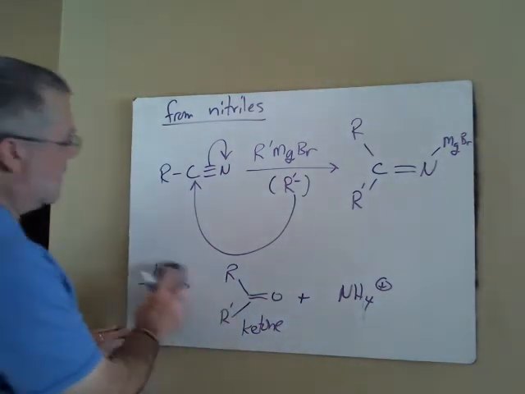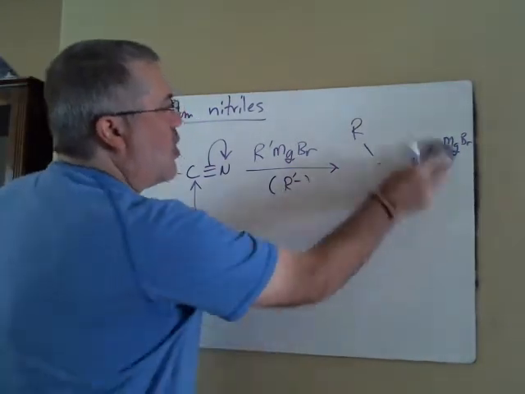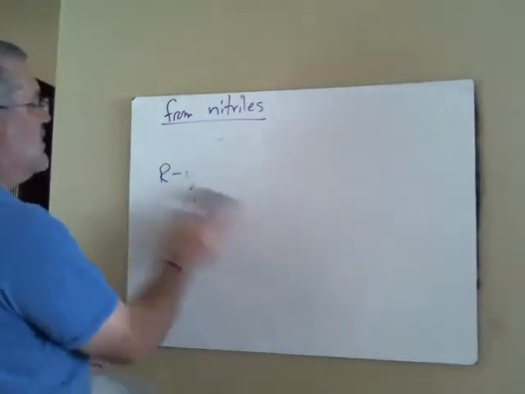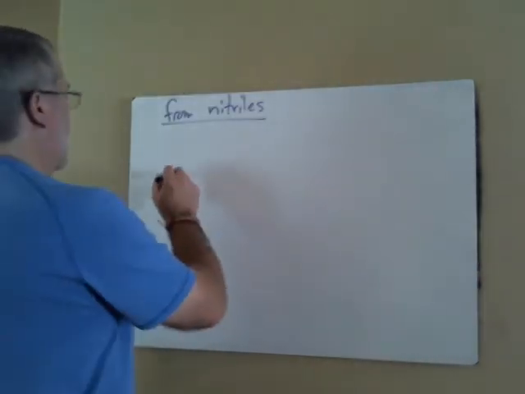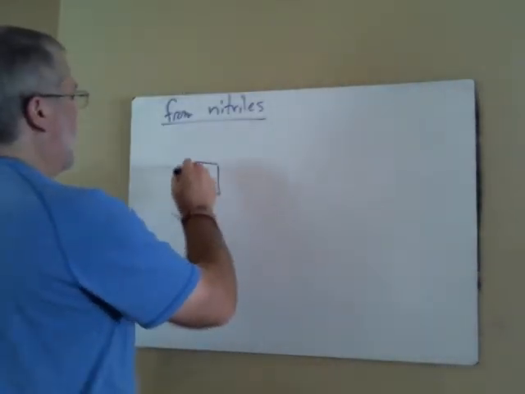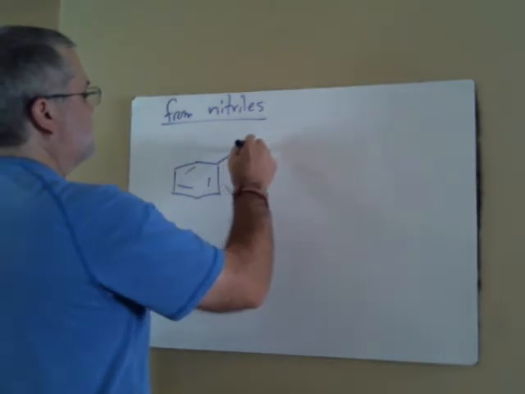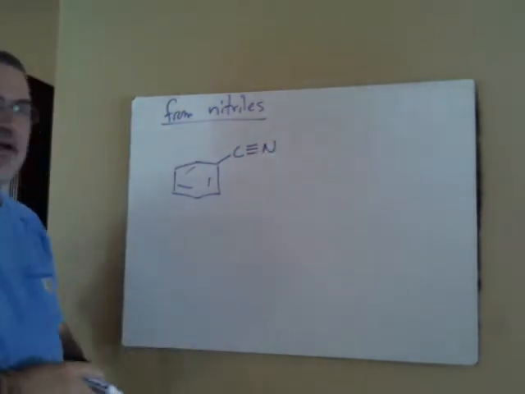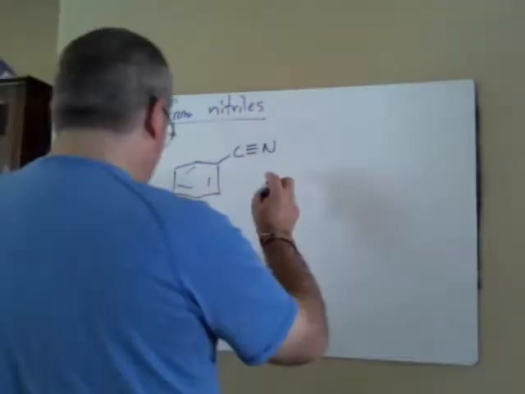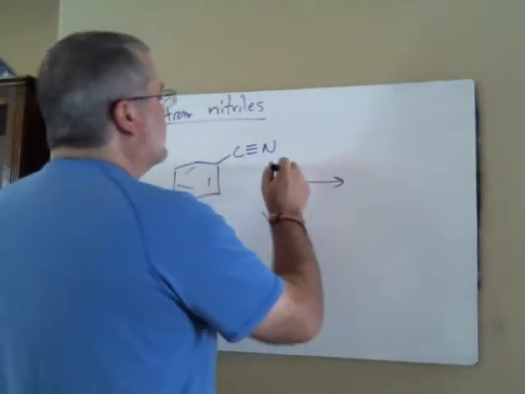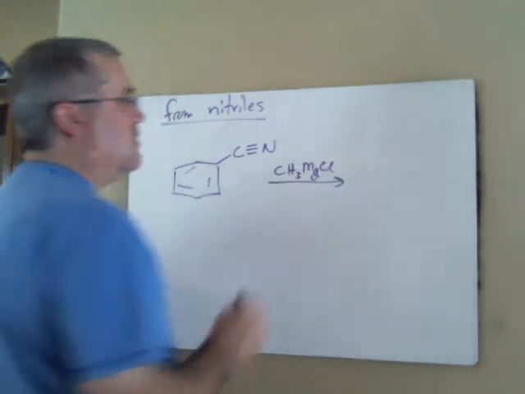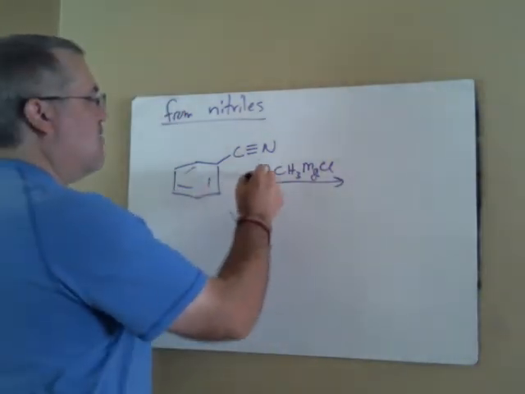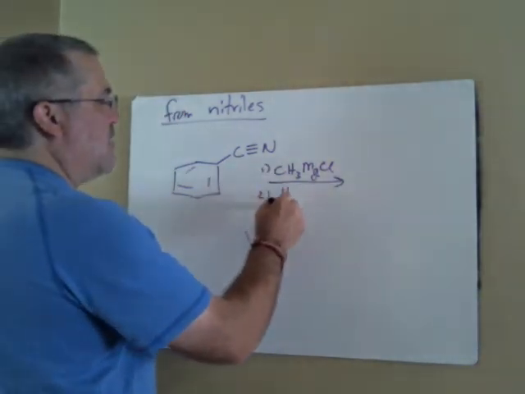And if you want an example that doesn't just have R's, let's look at what it would look like on an exam if you were preparing this from a nitrile. And let's say that we just had this nitrile, and we're going to react it with a methyl Grignard, okay, followed by the aqueous acid workup.